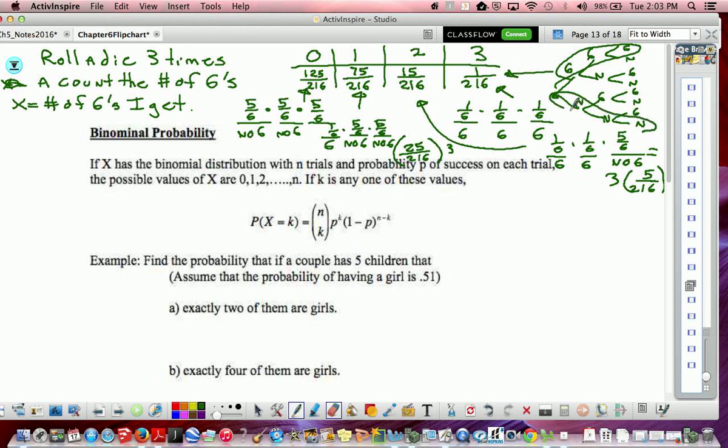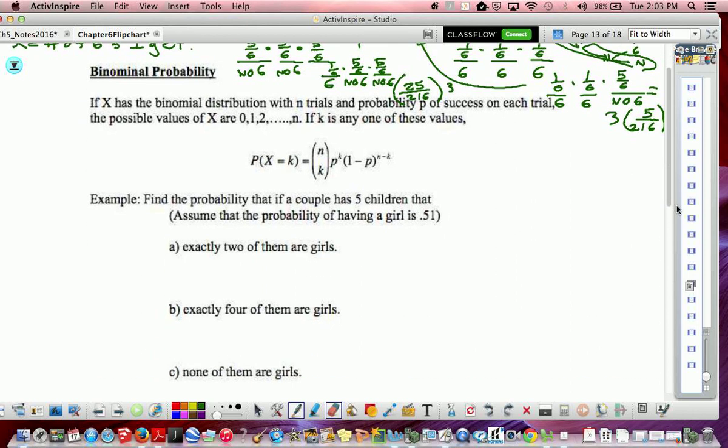When I did all the no's, that's what I got here. But there's 3 ways I could get 1 6, and there's 3 ways I could get 2 6s. So I calculated the probability of one of them and multiplied it by the number of ways. So what we've actually done here is this binomial formula, which is given to you right here.